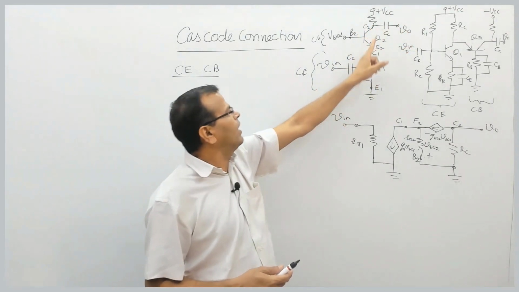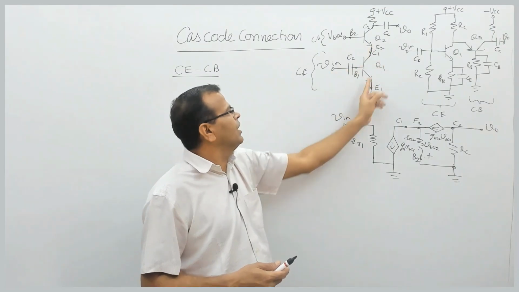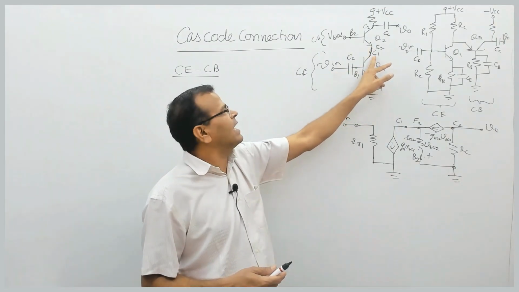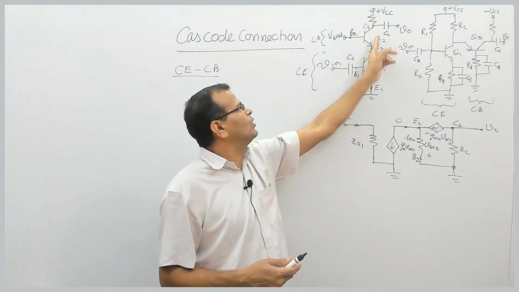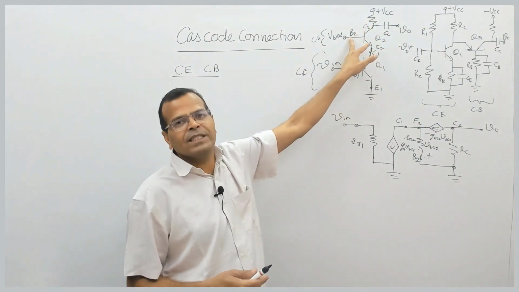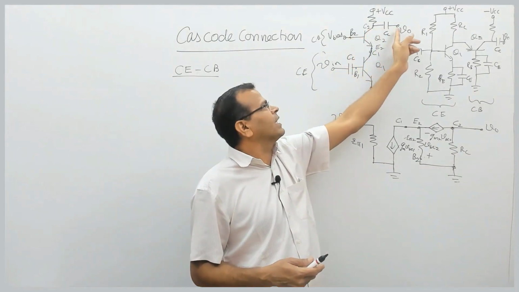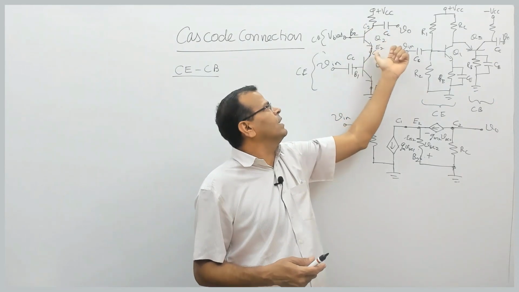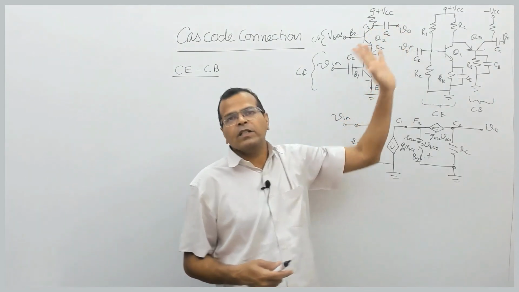Why common base? Because when you apply bias at the base, give input at the emitter, and get output from the collector, that is common base.